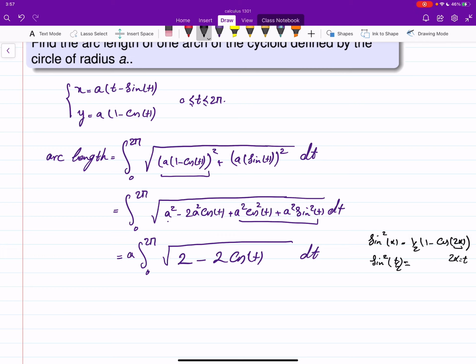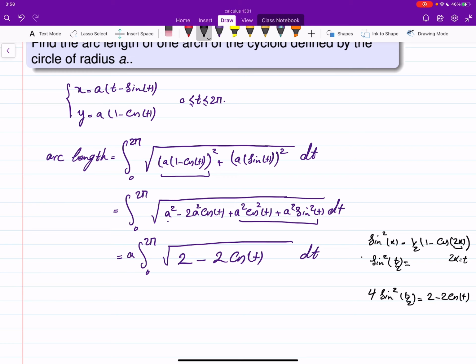Okay, but that is when I have the half there. Now I can multiply it by 4, so this will give me the result that I want. 4 times sine squared alpha is going to be 2 minus 2 cosine. Oh, then the alpha is not there. I just make everything t.